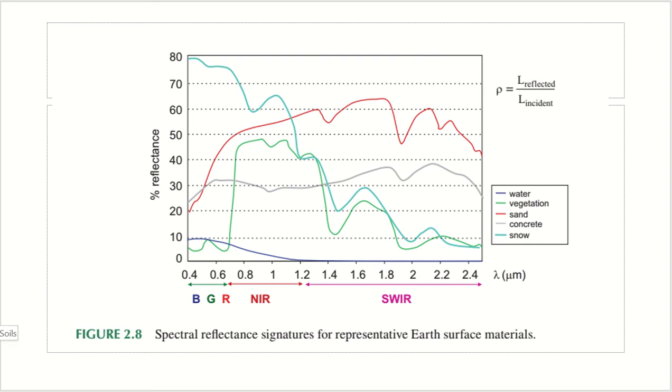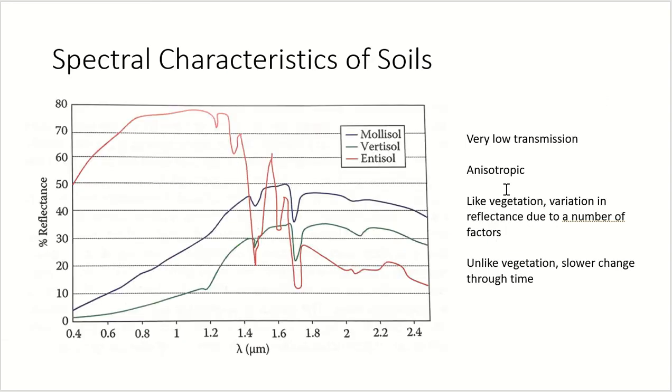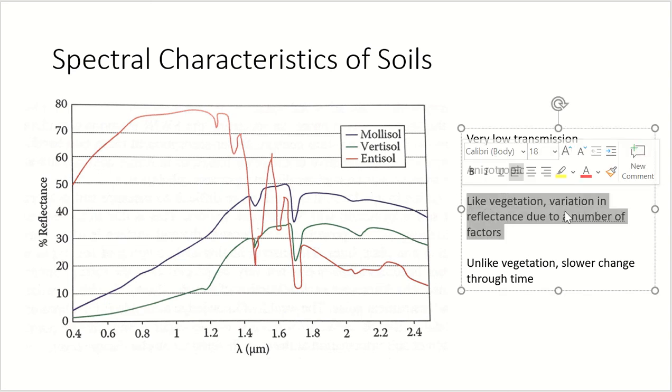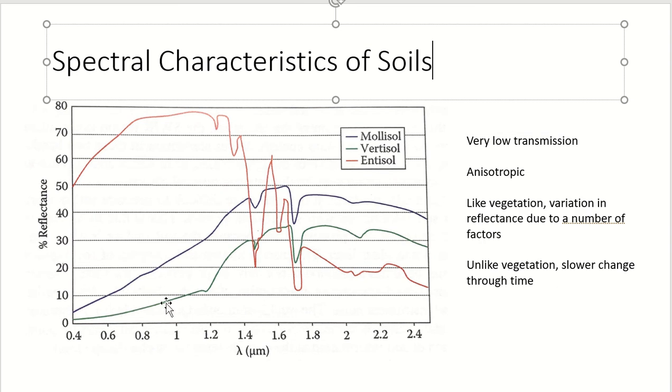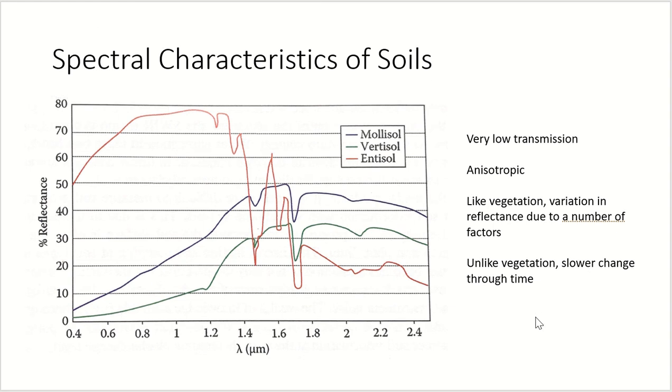Now, sand is just one type of soil, though. I'll skip ahead to this third one. Like we see with vegetation, there's a variation in reflectance across wavelength due to a number of factors. And these can be due to factors at the molecular scale, kind of the presence of iron and silica.